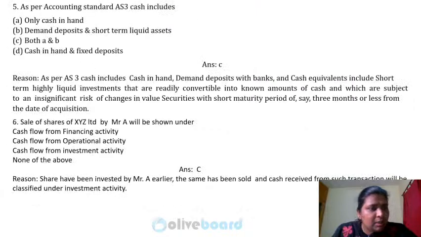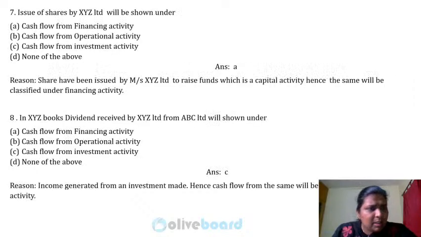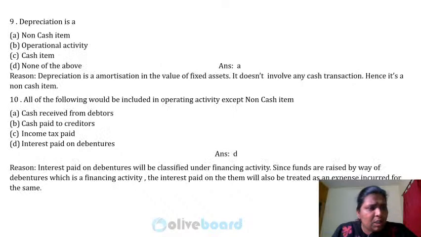Okay. As per accounting standard, dividend received, depreciation. We know depreciation is a non-cash item. So that is an answer. Next one. All of the following would be included in the operating activity except non-cash item.